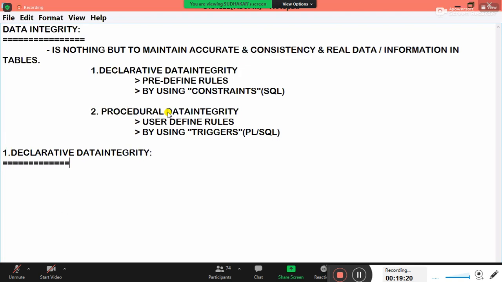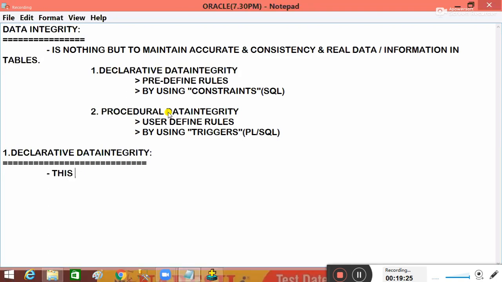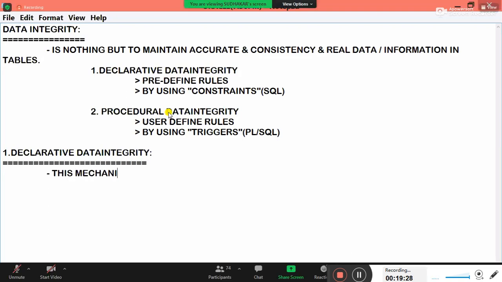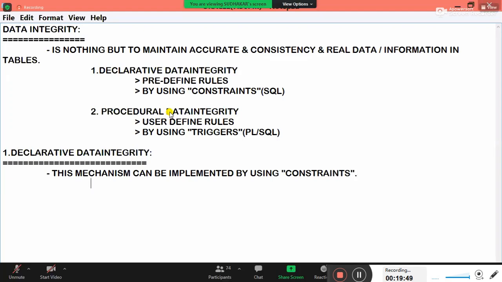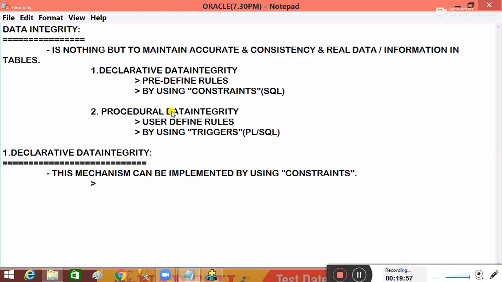You can understand that this declarative integrity mechanism can be implemented by using the topic constraints.